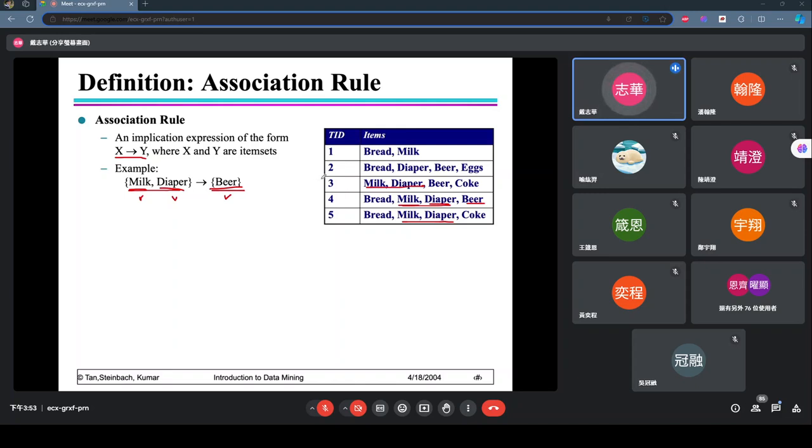And among the three transactions, how many transactions also contain beer? So the confidence of this rule is 2/3.